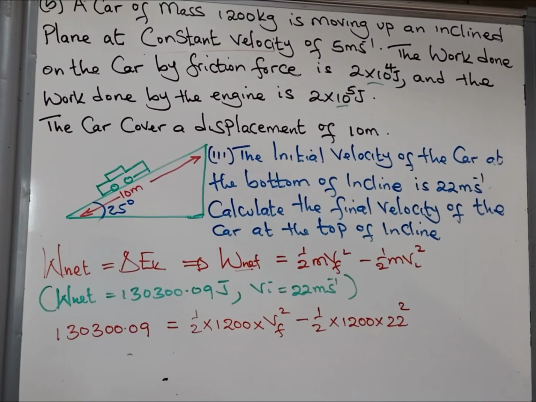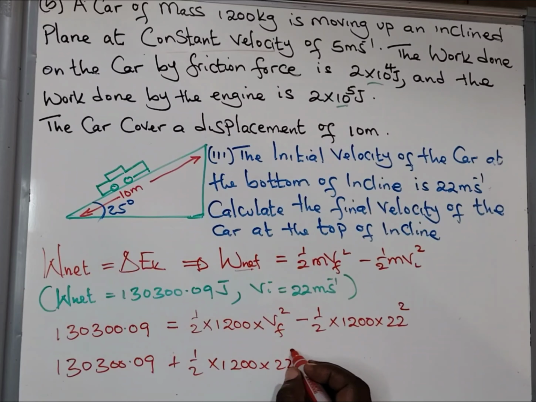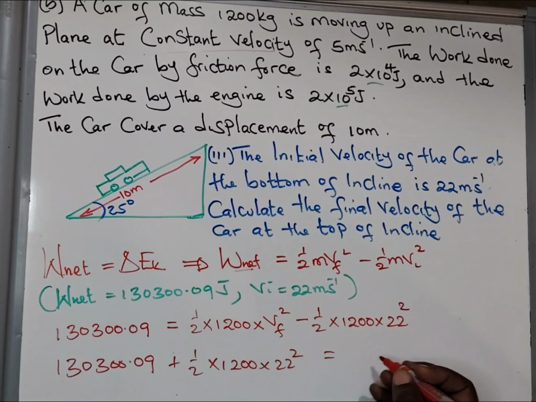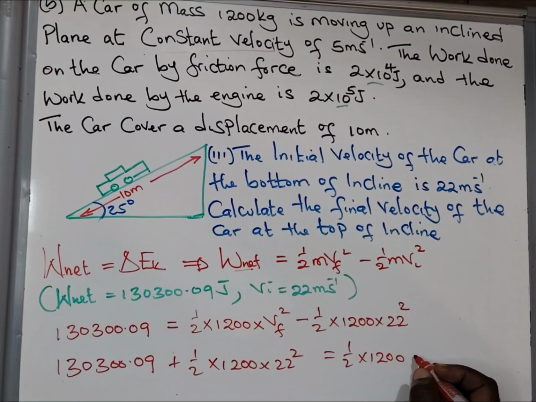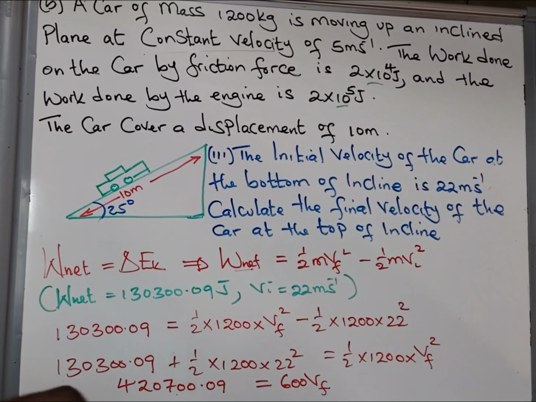From here, we collect like terms, and we have our net work here plus this, which will give you this. So that is what we get.